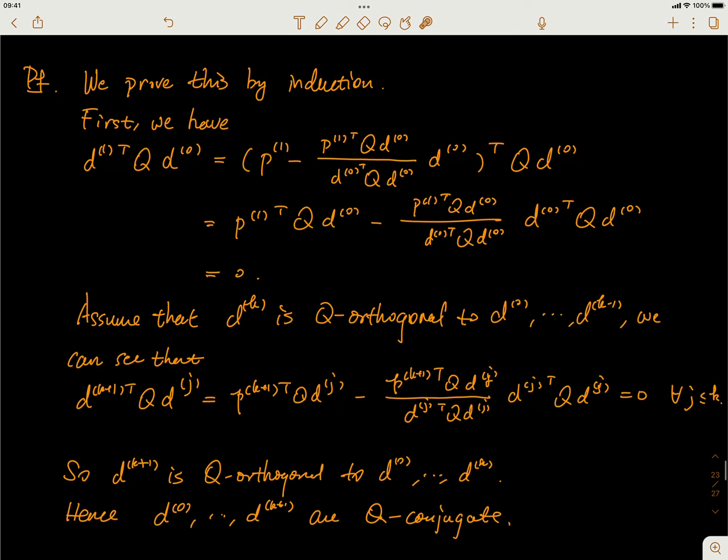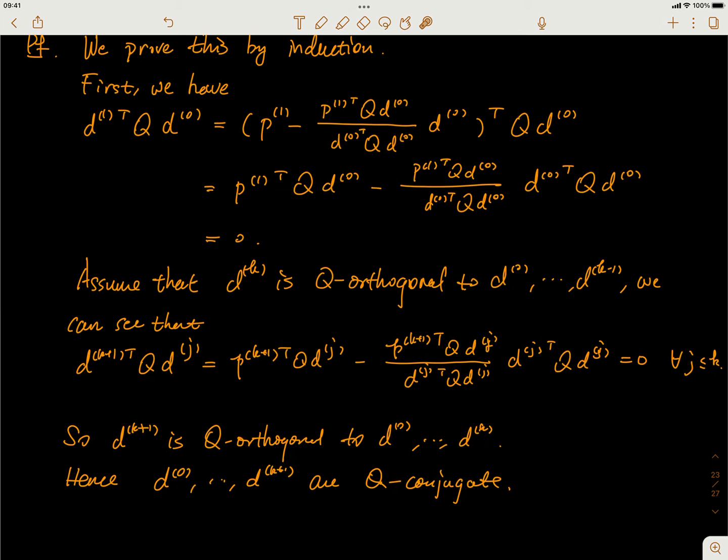And again, we just need to show that. Well, I'm supposed to have the sum over i from 0 to k, but I only have one term left, because the d0 to dk are Q orthogonal, right? They're Q conjugate.